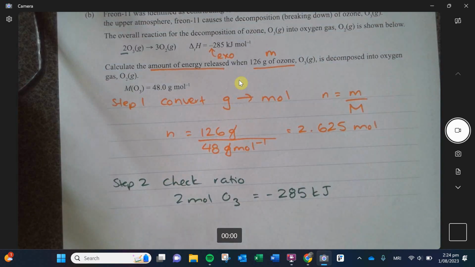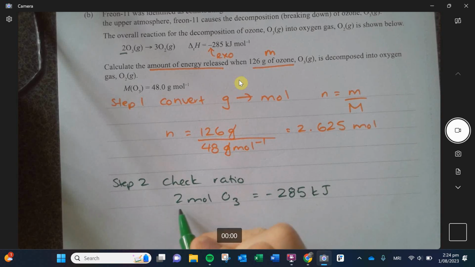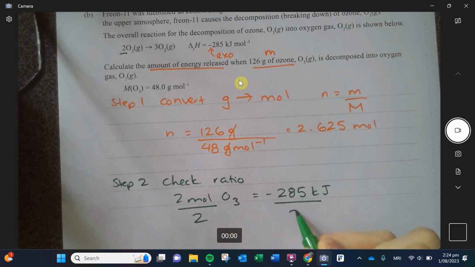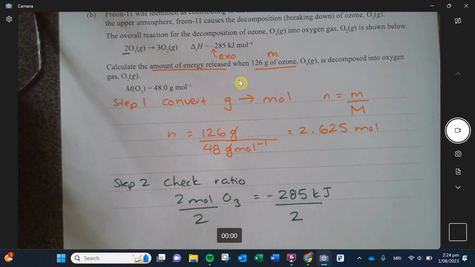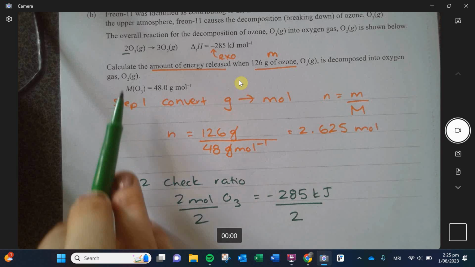Now I want this value to be as 1 mole. So in order for me to do that, I divide this by 2. You guys okay with how I got the number 2? Got it from the equation.